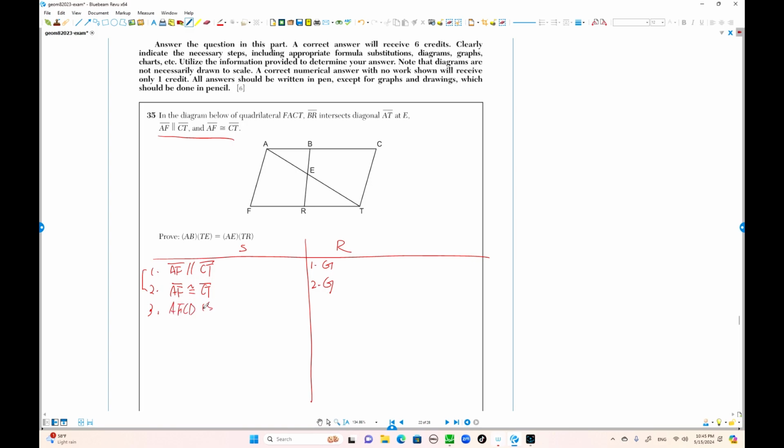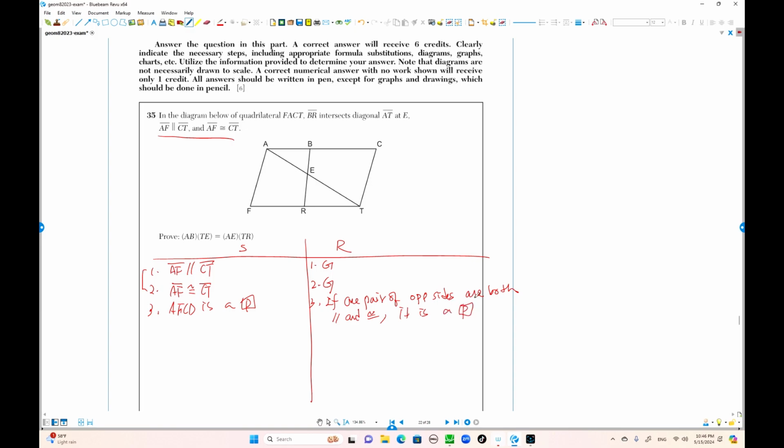FACD is a parallelogram. The reason is what? If one pair of opposite sides are both parallel and congruent, it is a parallelogram.